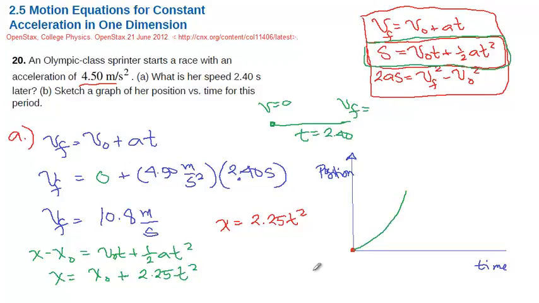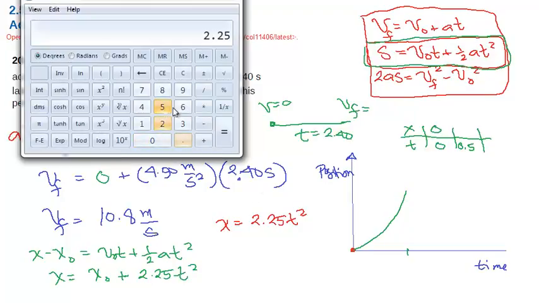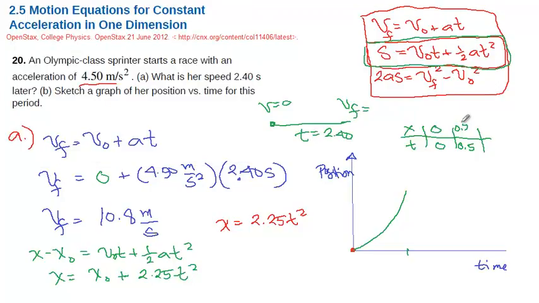So if you graph that, it may look like this during that time interval, but we could really compute, for example, let me have a table here, the time and the position. When time is 0, the position is 0. The runner is at position 0. At time equal to 0.5, let me solve that: 2.25 times 0.5 squared, that's 0.5625. At time equal to 1, it's equal to 2.25.